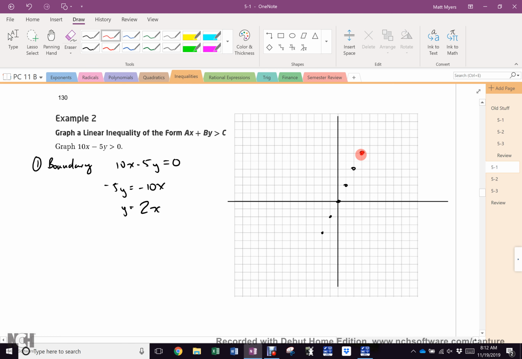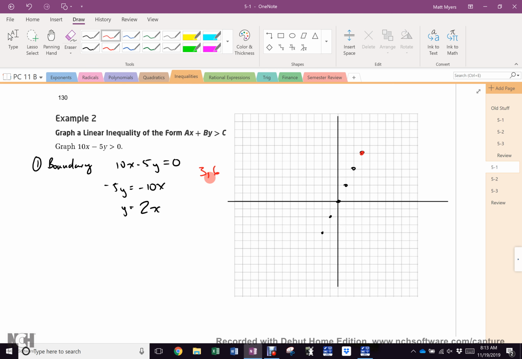In the previous examples, that point, 3, 6, what are we able to do with it? The same thing we do all the time. We see an ordered pair. What are we able to do with 3, 6? Substitute it back in. And is it true or not?